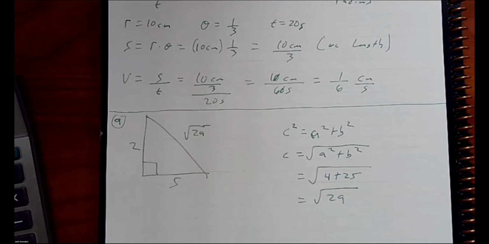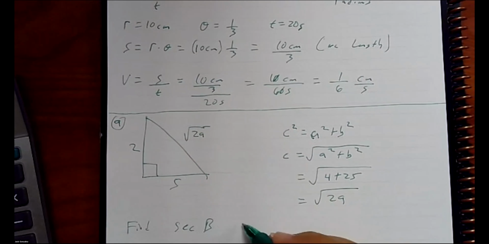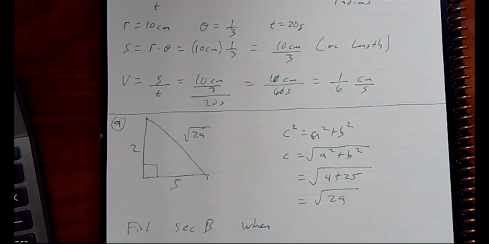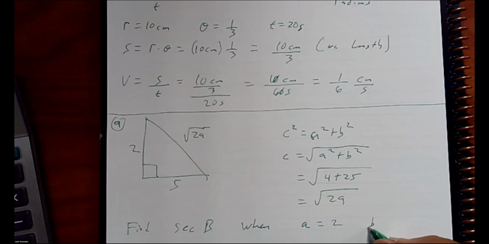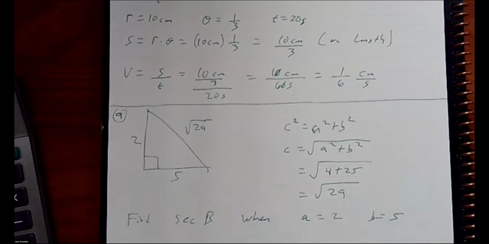The question they're asking is, find secant of B when A is 2, B is 5. That's where this came from.